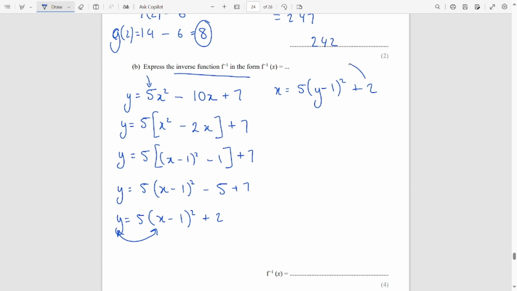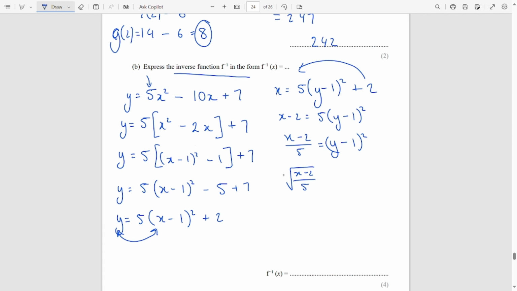First of all, I'm going to subtract 2 onto this side. So I have x minus 2 is equal to 5, y minus 1 all squared. Then I divide through by 5. So x minus 2 over 5 is equal to y minus 1 squared. Now I can take the square root. The square root of x minus 2 over 5.